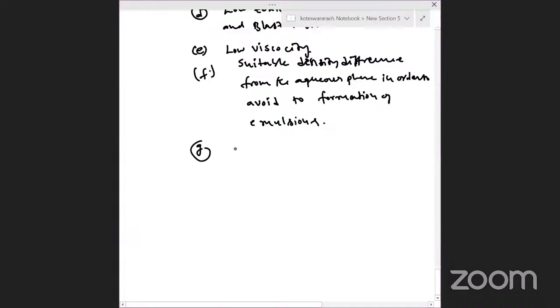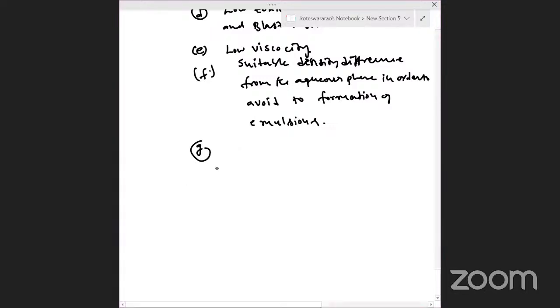So the solvent should not be chemically reactive, and its oxidizing ability should also be low. Once they are in contact with the atmosphere, they undergo atmospheric oxidation. Therefore, while you are selecting the solvents, the nature of oxidizing in the atmosphere should be low.